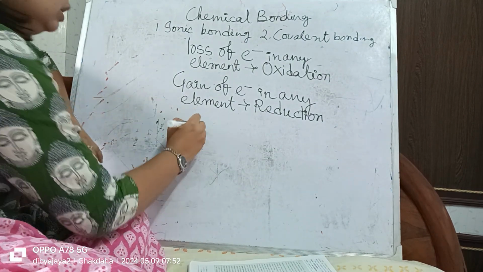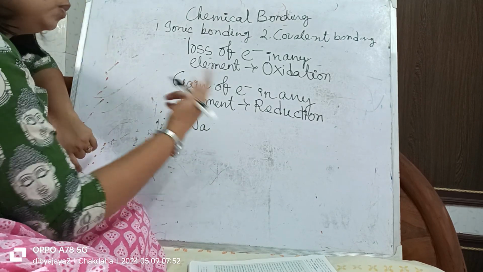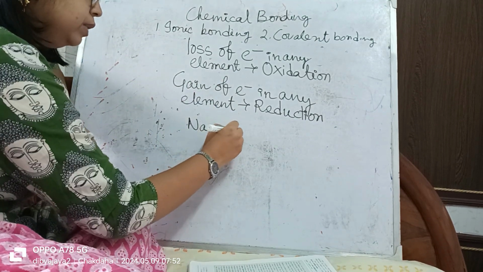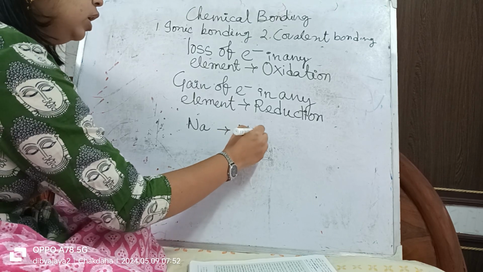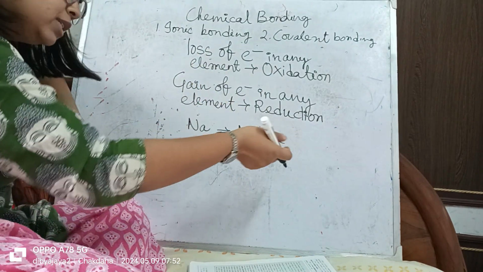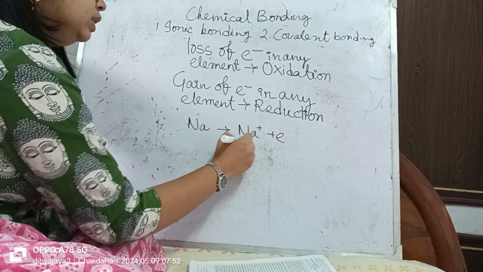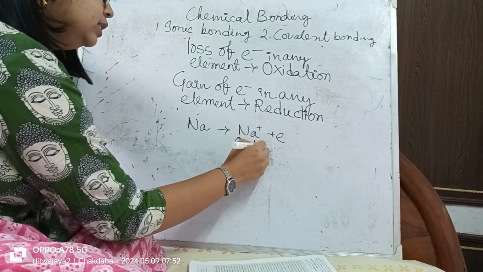So suppose Na, sodium, has one extra electron, so it will donate its electron: Na gives Na plus plus an electron. It donates, that means it releases, it loses, so this one is oxidation.